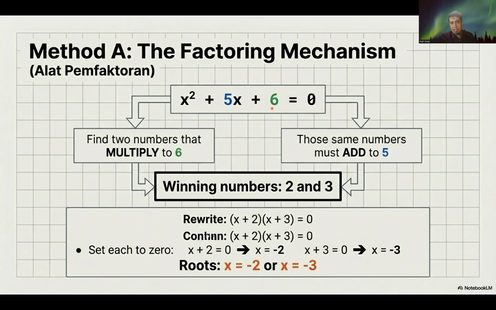We get only 2 and 3 as the matching numbers. Rewrite it as (x plus 2)(x plus 3) equals 0.